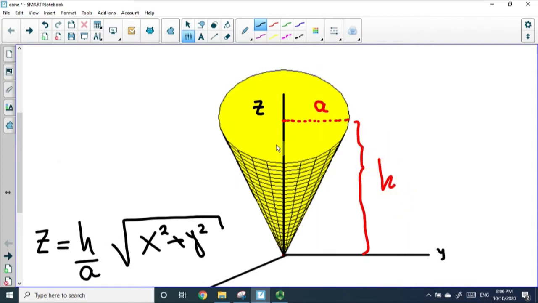Once I see a cone which has circular cross sections, I wouldn't think about using the Cartesian system, as I know that it's not really a suitable system to use. I will be thinking about either cylindrical system or spherical system. Now, which one would I use? That would depend also on which one is easier and which one you prefer and which one is more suitable to this problem.